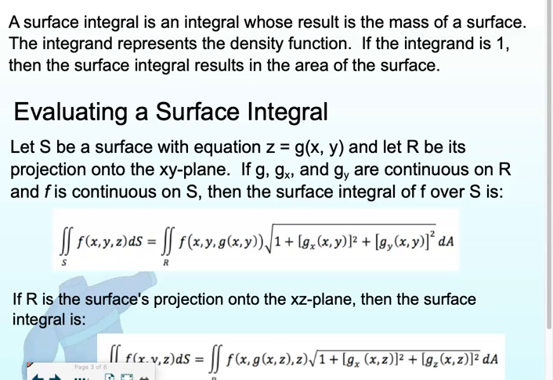You just replace the z, solving for z in terms of x and y. So it's your integrand times the square root of 1 plus g sub x squared plus g sub y squared dA, where A is the area of region R. It looks complicated, it's really not bad.